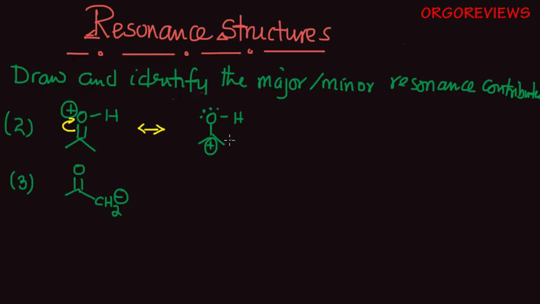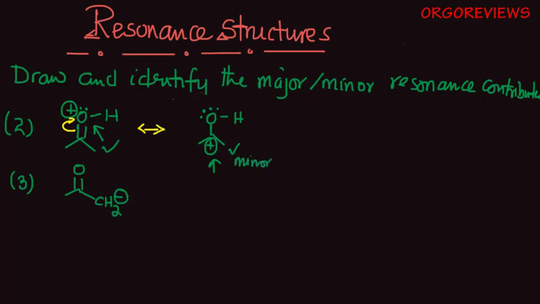So as you can see, in this case, you have an octet. You have a lone pair on this oxygen, so there's an octet satisfaction, but there's no octet satisfaction here. So we would prefer this as a major contributor and that as a minor contributor.